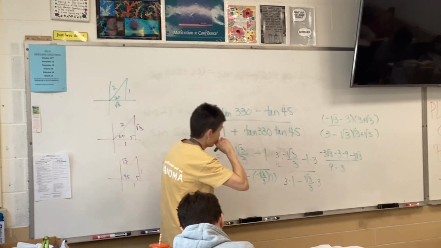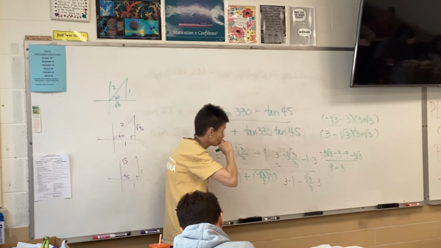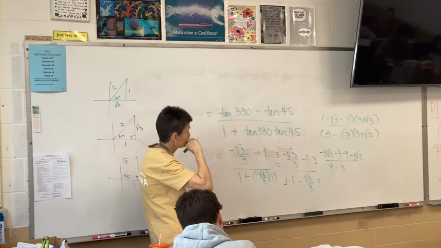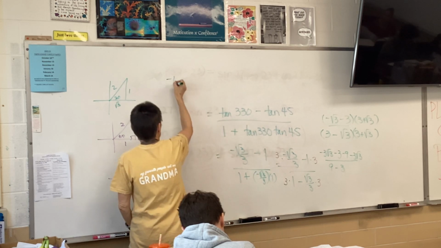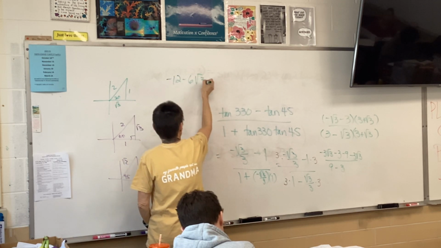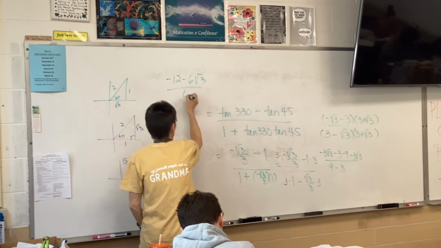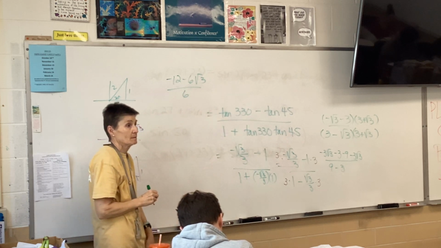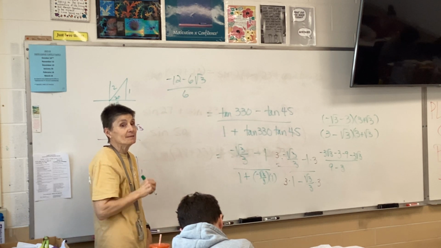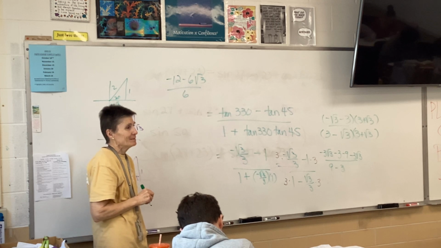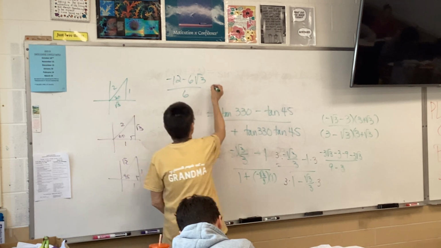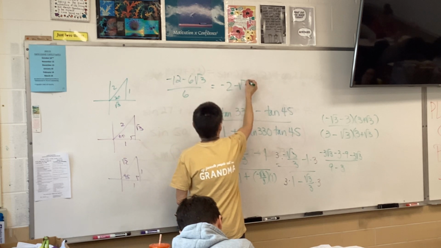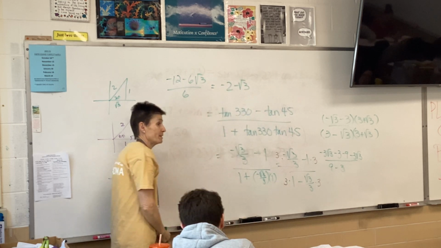How's my foiling look? So negative 12 minus 6 root 3 over 6. Now you can cancel out a 6. And you're left with negative 2 minus root 3.